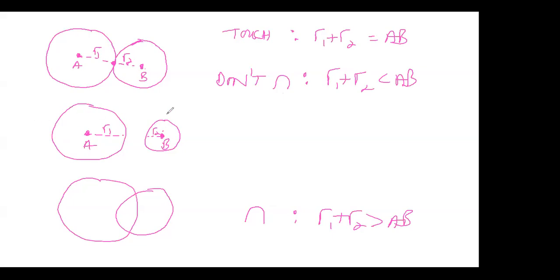You will then read off the two centers, you will work out the length from center to center. And if it is more than the sum of the two radii, they do not intersect. If you added the two radii and that was bigger than AB, then they do intersect. Important concepts, and you basically need to learn this.